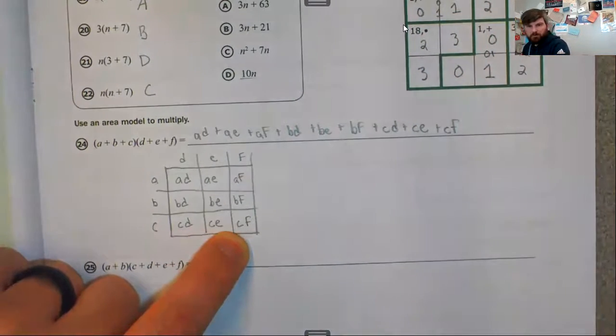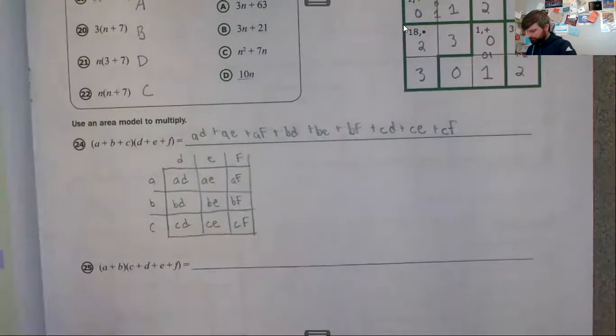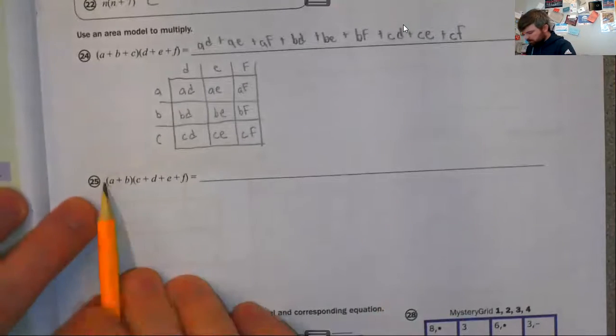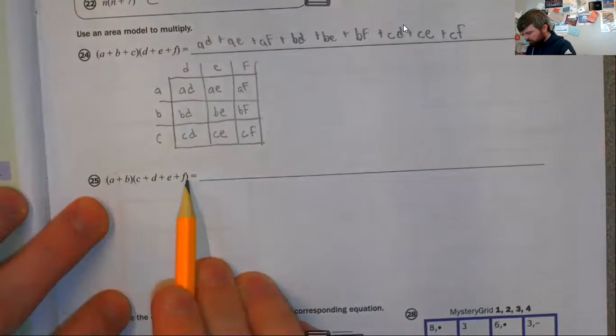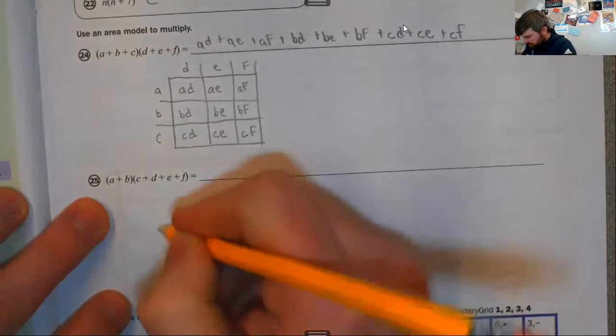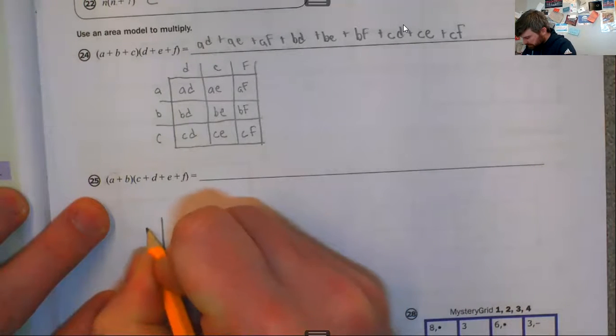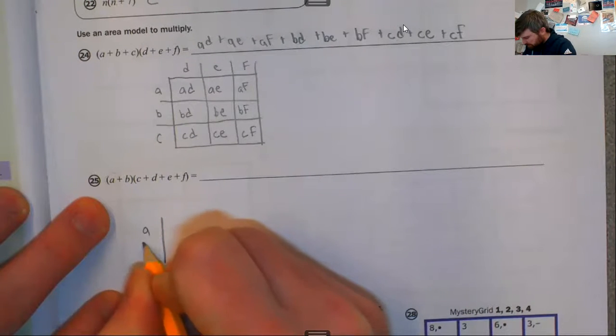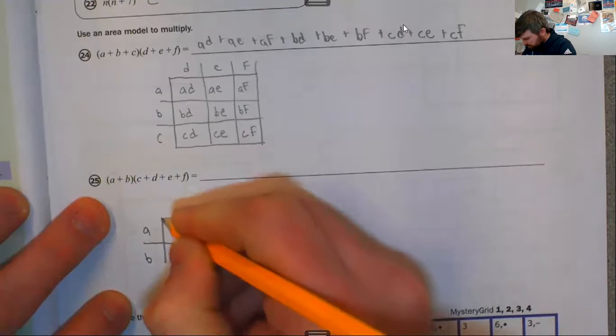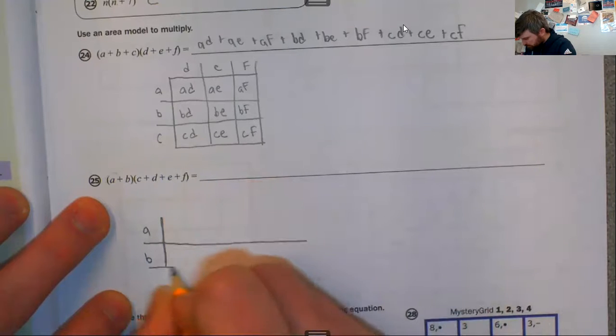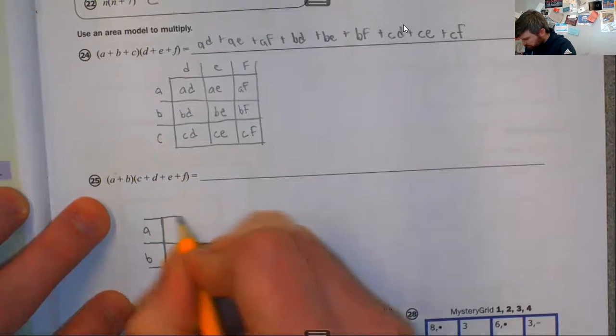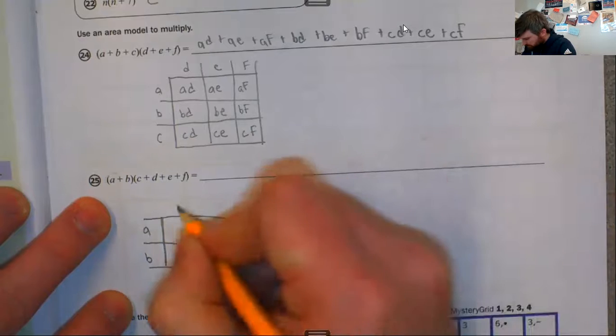Okay, so we get all of those out there. Here we have 2 terms times 4 terms. Okay, so we got 2 terms here, A, B. And then 4 terms on top.